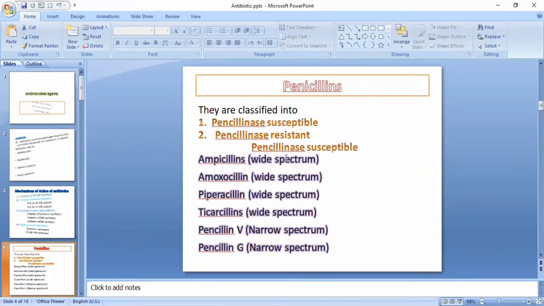Means those bacteria which produce the beta-lactamase or the penicillinase enzyme, they degrade these antibiotics. So these antibiotics are said to be penicillinase susceptible.